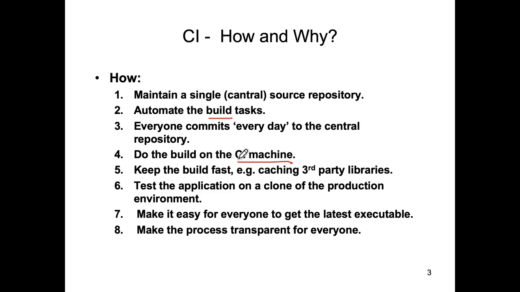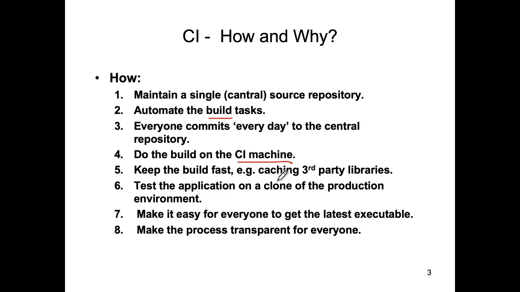And number five, keep the build fast. So obviously you don't want this automated build and running of the automated tests to take certainly hours. It needs to happen in a period of minutes. And one way of improving the speed of the whole automated build is to have caching.